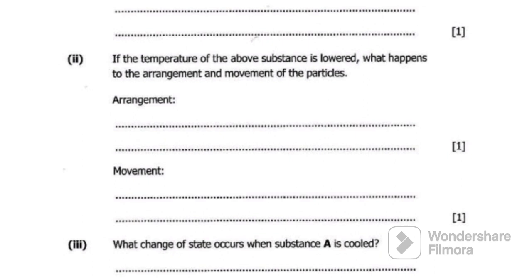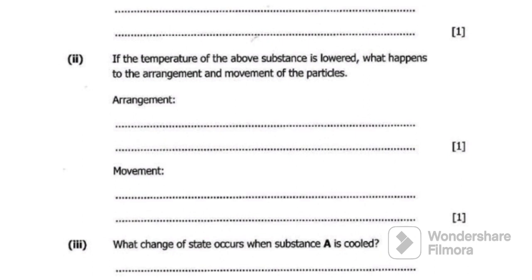Okay, question B2. If the temperature of the above substance is lowered, what happens to the arrangement and movement of the particles?